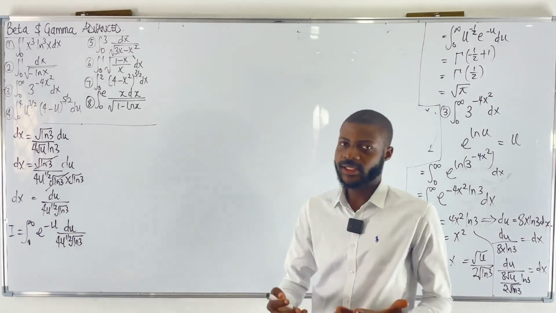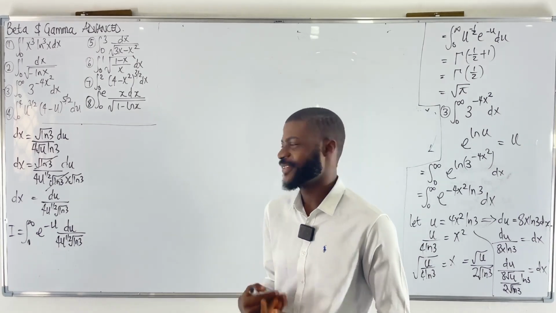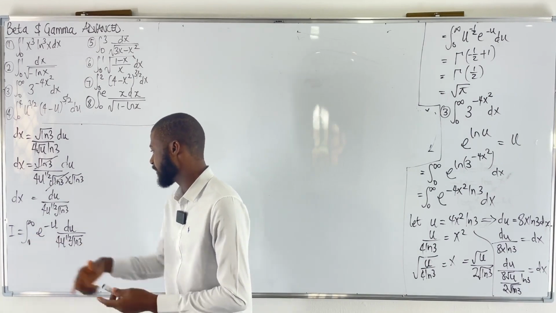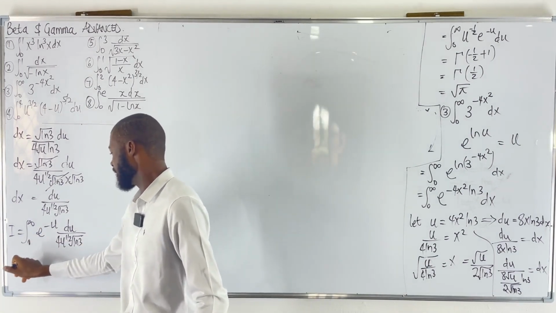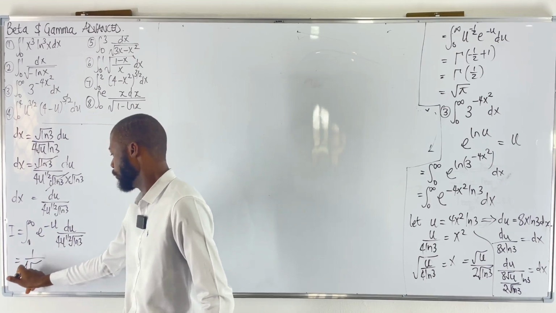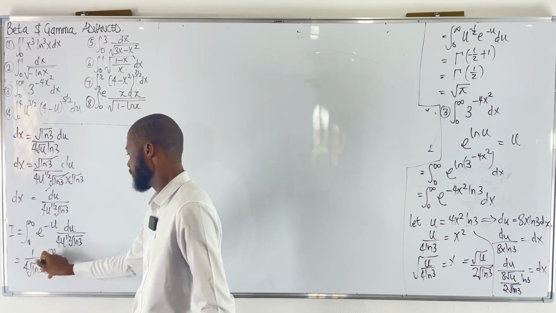Now you would actually start appreciating what's going on because it will look much easier. I promise you. So take the 4 outside, take the root of length 3 outside. So this means I'm going to be having 1 over 4 root length 3, and then we have the integral from 0 to infinity.